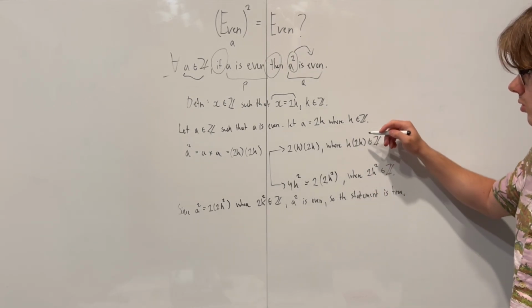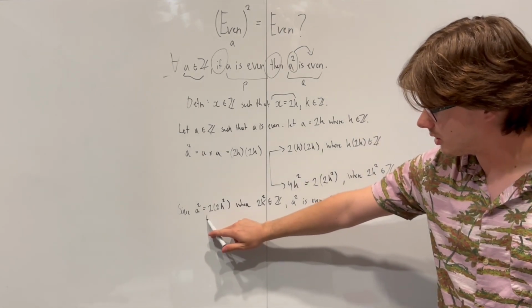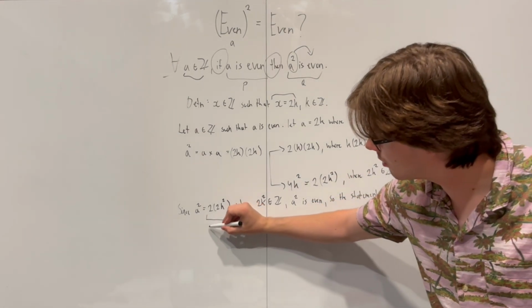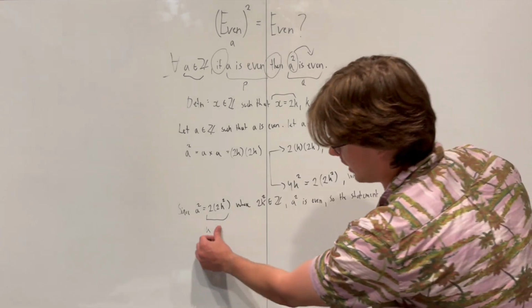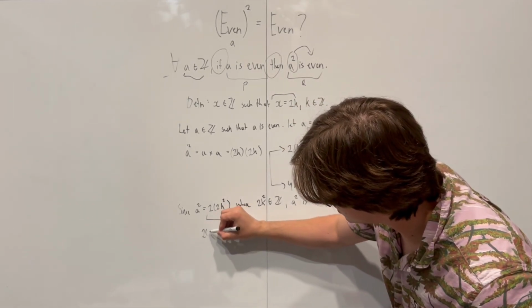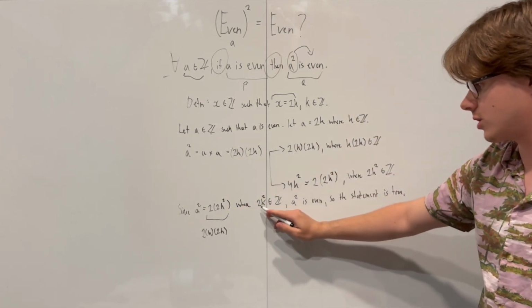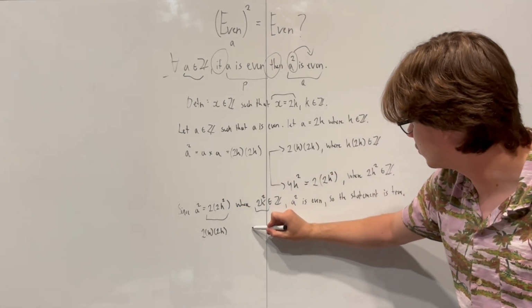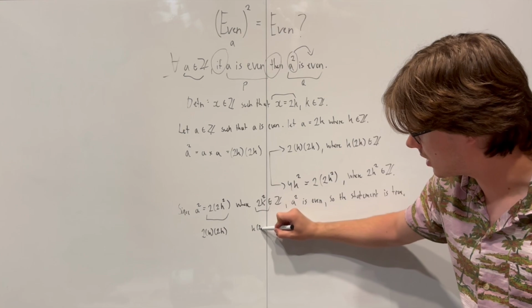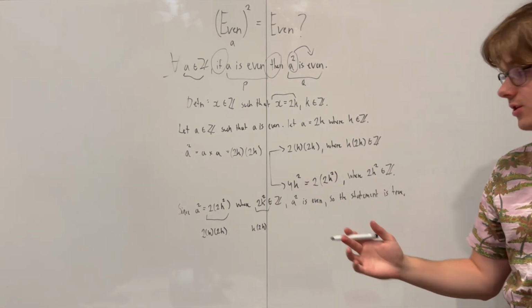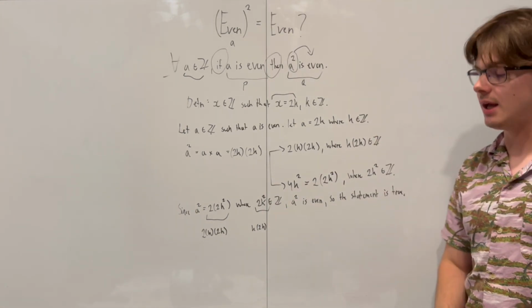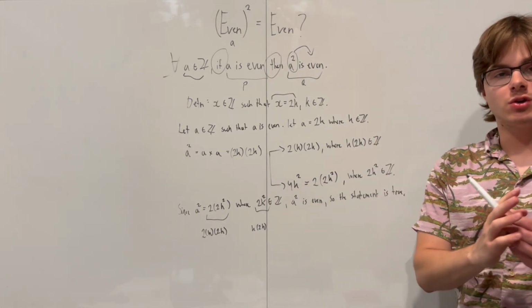Fantastic. If you want to do the first way, you just simply replace this with, oh, my bad, 2 times k times 2k. And then you just argue this, you would replace that with k times 2k. That's all it is. We've now proven that the square of any even number is always going to be even.